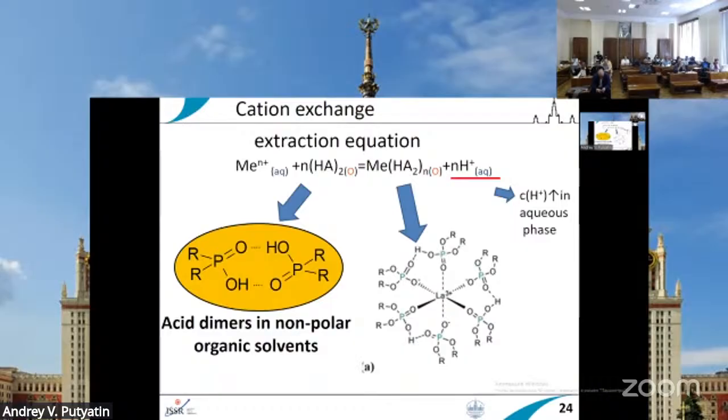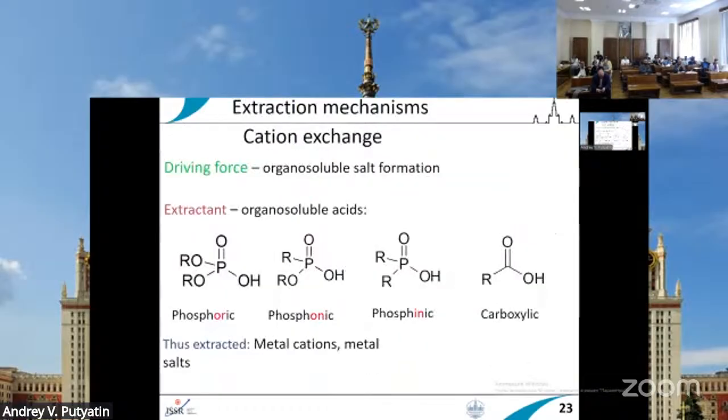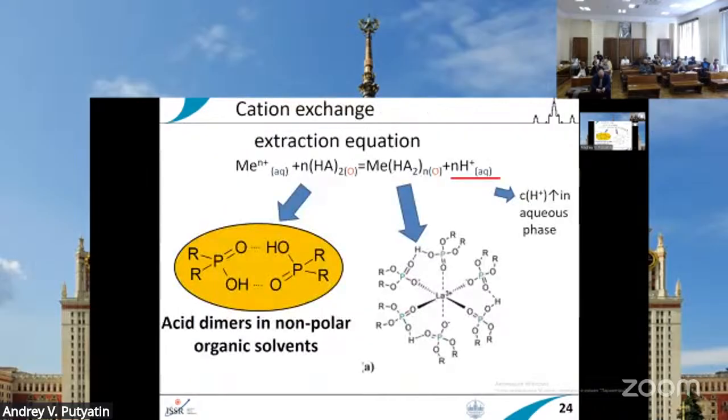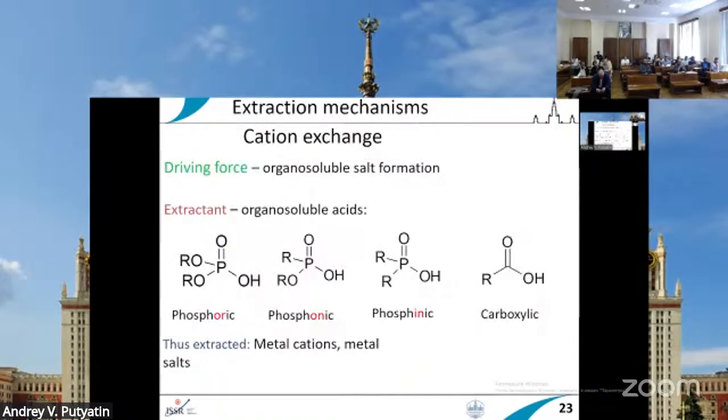And there are other important points here. First one, that organic acids, and these groups are no exception. When we put them in non-polar organic solvents, this part is very hydrophilic, and these aliphatic chains are hydrophobic.